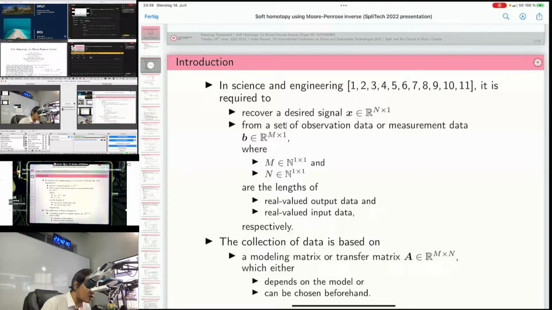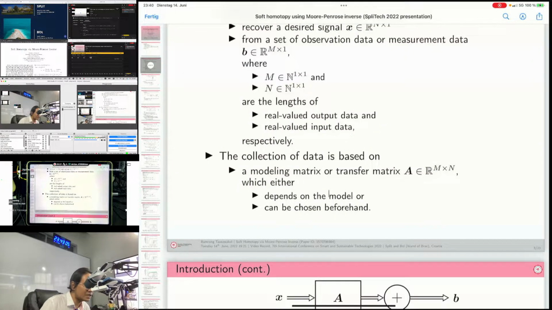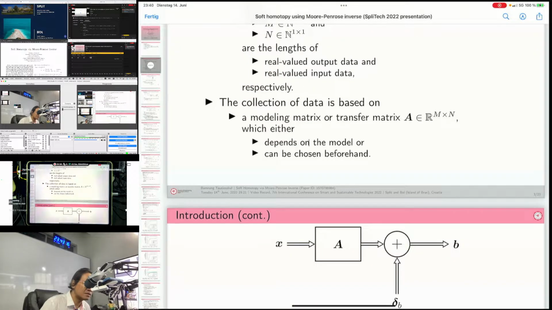The collection of data is based on the transfer function matrix A, or the modeling matrix A, which can depend on each model, or can be chosen by the system designer.